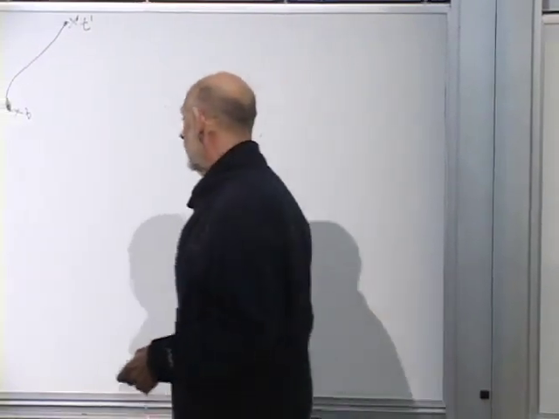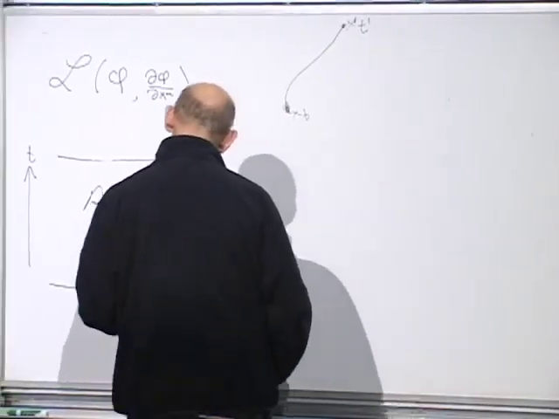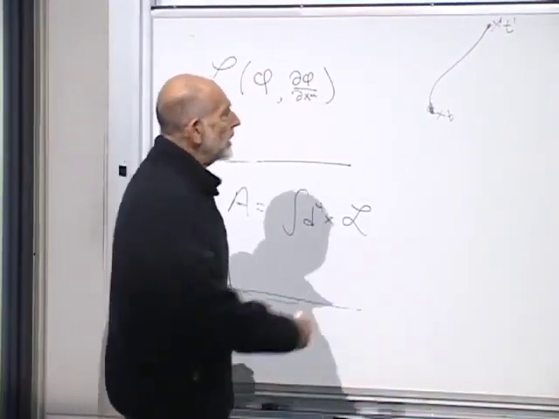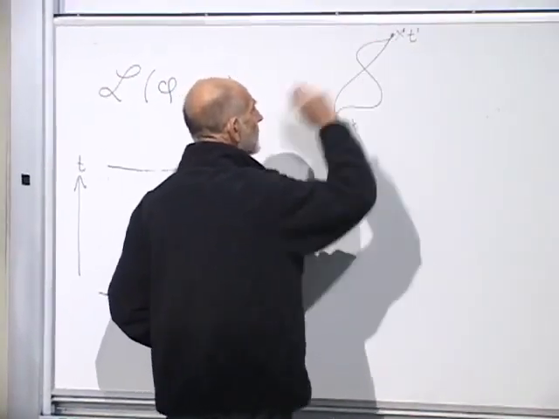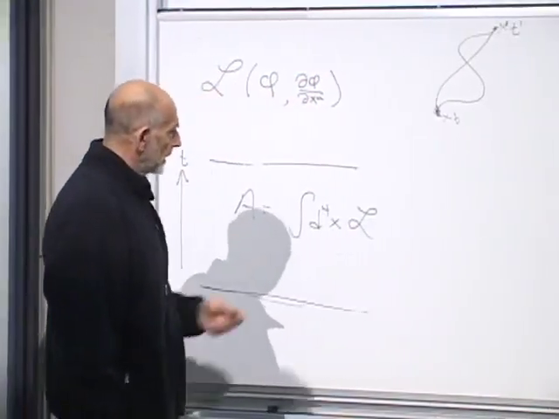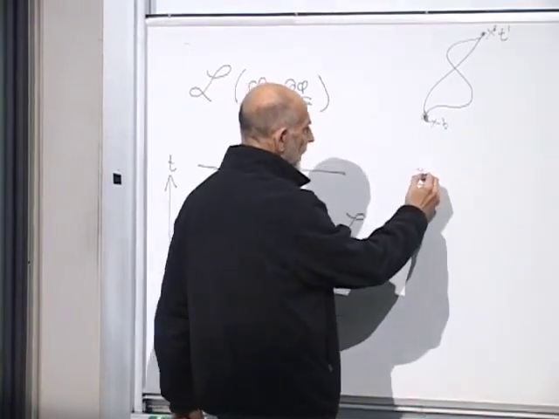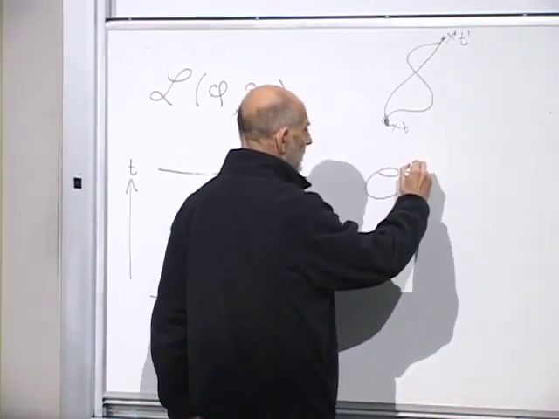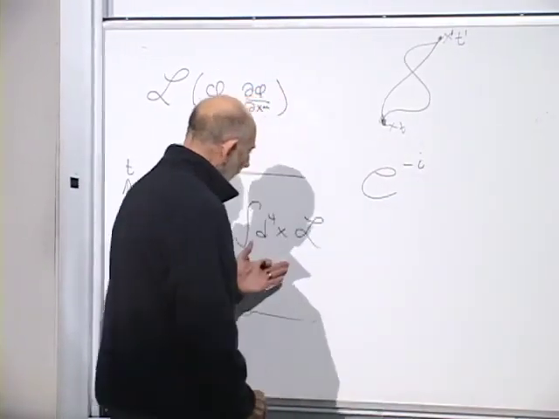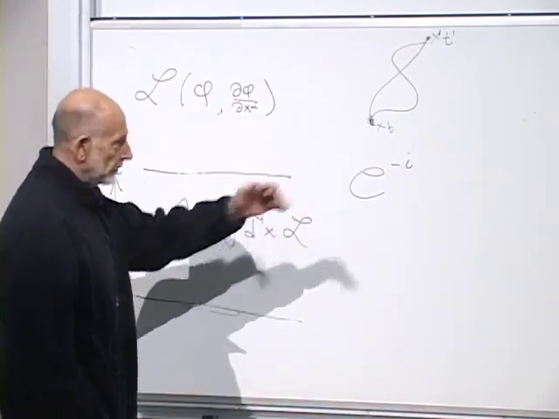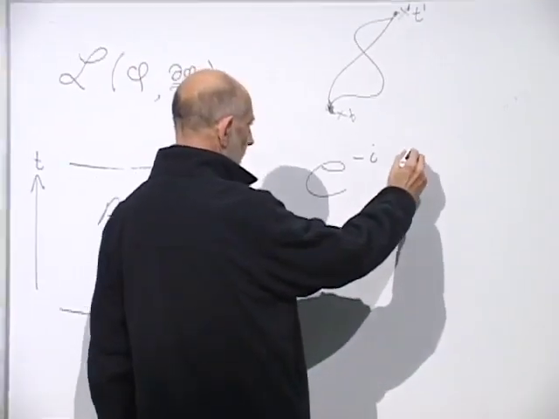Feynman's rule is the following. It says, take the action for any trajectory, take an arbitrary trajectory, and write down the expression e to the minus i times the action of the trajectory. We can just write it out.